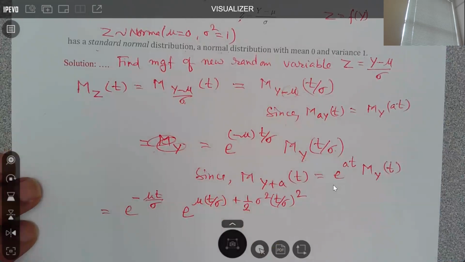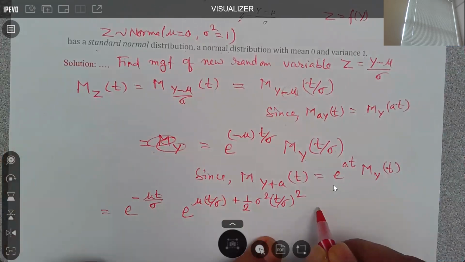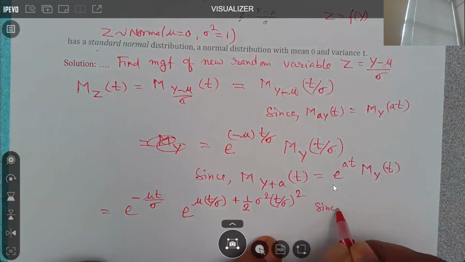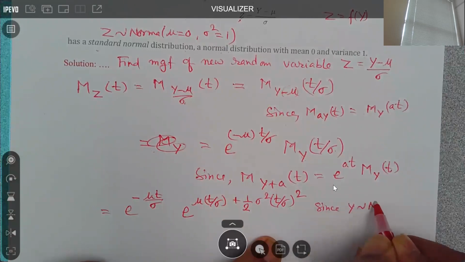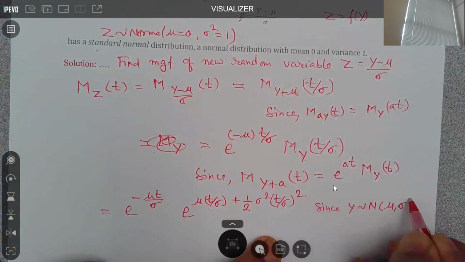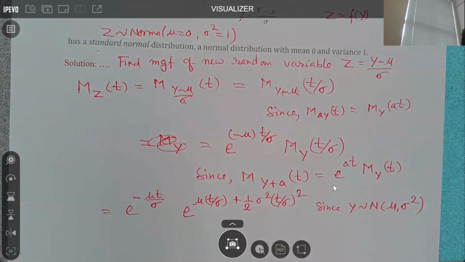Yes, this is now the moment generating function for the normal, since Y is distributed normal with mu and sigma square.